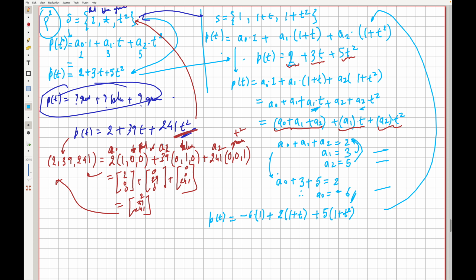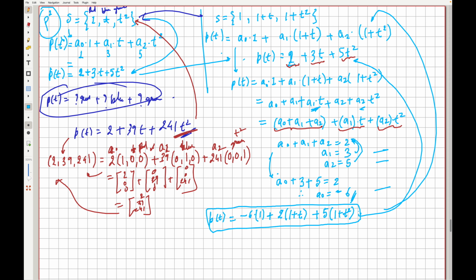And these coefficients that we have right here would give us the same polynomial that we started out with.